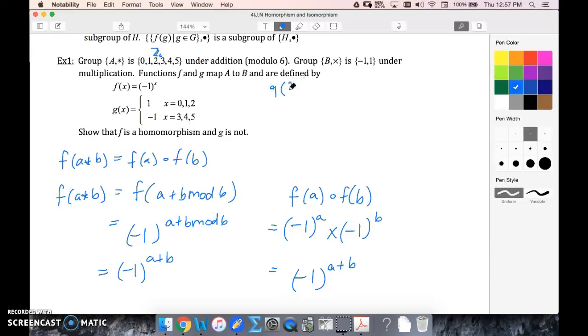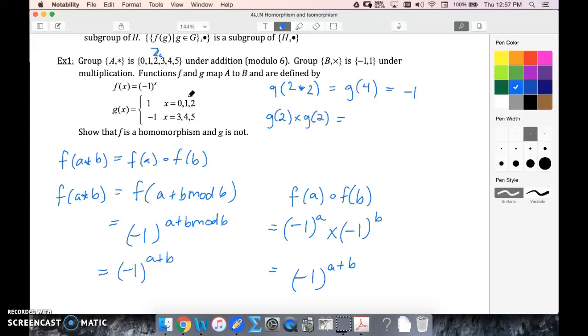G of 2 star 2. Well, that's going to be G of 2 plus 2 mod 6, which is going to be 4. And G of 4 is going to equal negative 1. Now let's do G of 2 times G of 2.